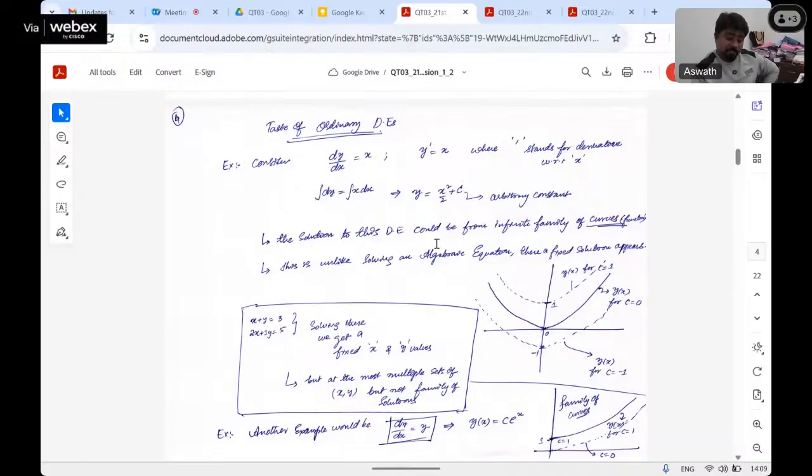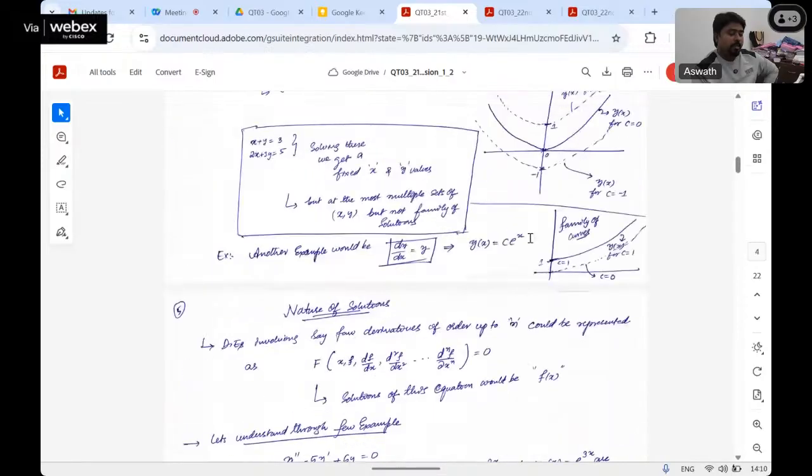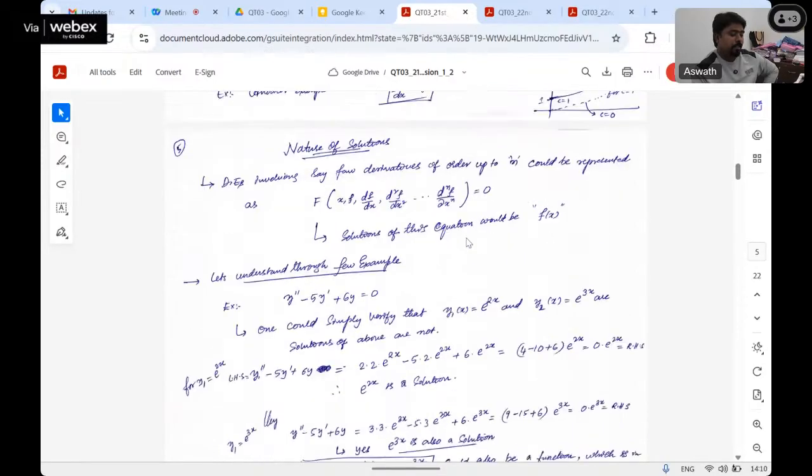If you fix that, or you give the integral limits, you are going to have a single solution. If not given, I will have multiple solutions. It is completely different from algebraic methods, where we usually solve for fixed solutions, which I was showing here in the box. Another example I have also discussed here.